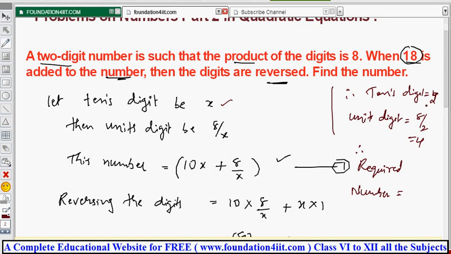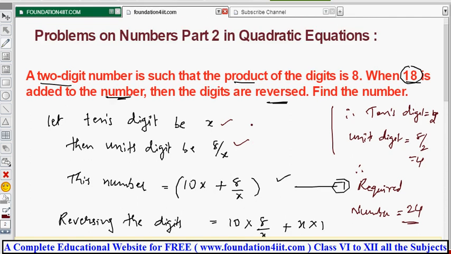Otherwise you can simply write it: the tens digit is 2 and units is 4. So 24 it is. So 24 is the number. The only thing is there are two cases here. The product is 8, so we can apply this to the problem. And the main step is that from the statement we need to make it clear. Once the statement is clear, by just applying the quadratic concept, we can find this.